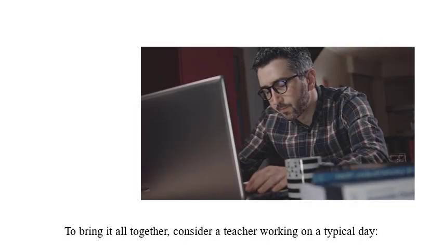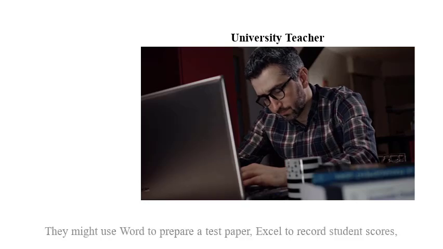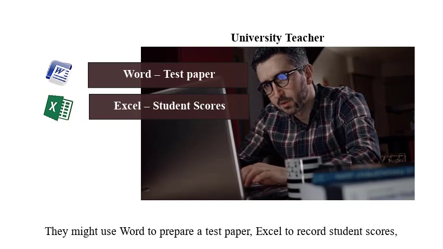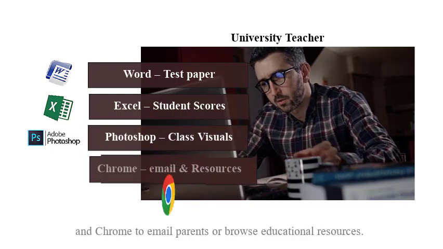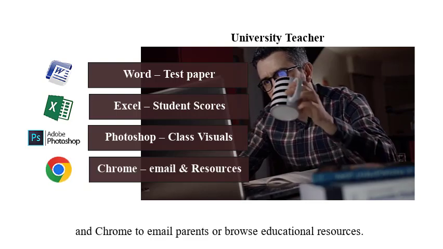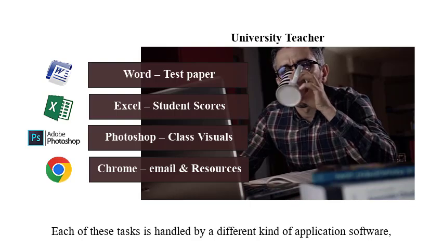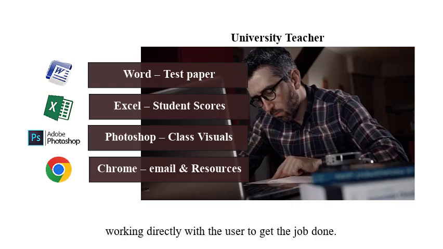To bring it all together, consider a teacher working on a typical day. They might use Word to prepare a test paper, Excel to record student scores, Photoshop to design a visual for a class presentation, and Chrome to email parents or browse educational resources. Each of these tasks is handled by a different kind of application software, working directly with the user to get the job done.